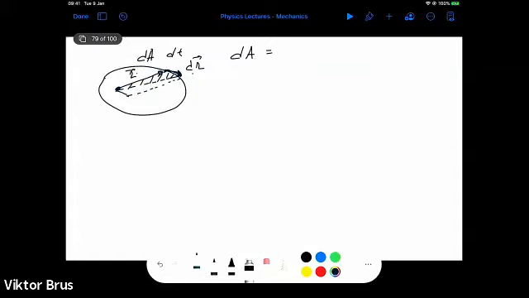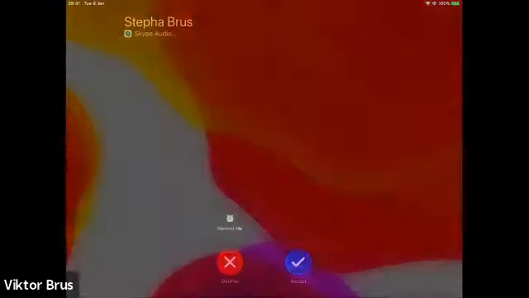And this area dA is just half of the area of the parallelogram. So that's why we write 1 divided by 2.